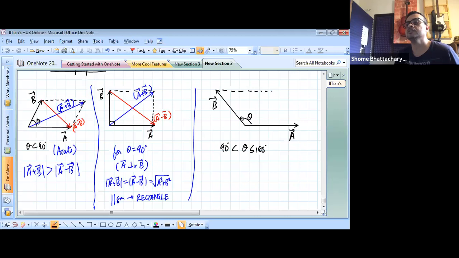Then here you are seeing it is the other way around. The longer diagonal is which one? It is the secondary diagonal. It's the difference which is going to be longer. So now the primary diagonal is the shorter one, and the secondary diagonal is the longer one.